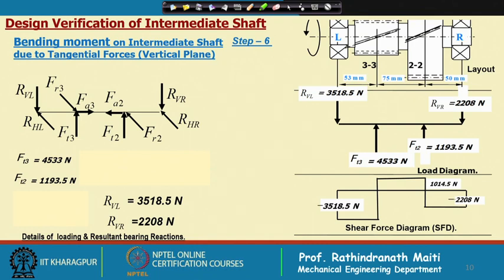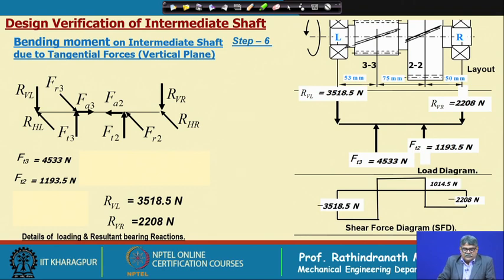again at this point, this value minus 2208 is added and we are coming down. From this point it is 1014.5 plus 1193.5, which gives 2208 in the shear force diagram.